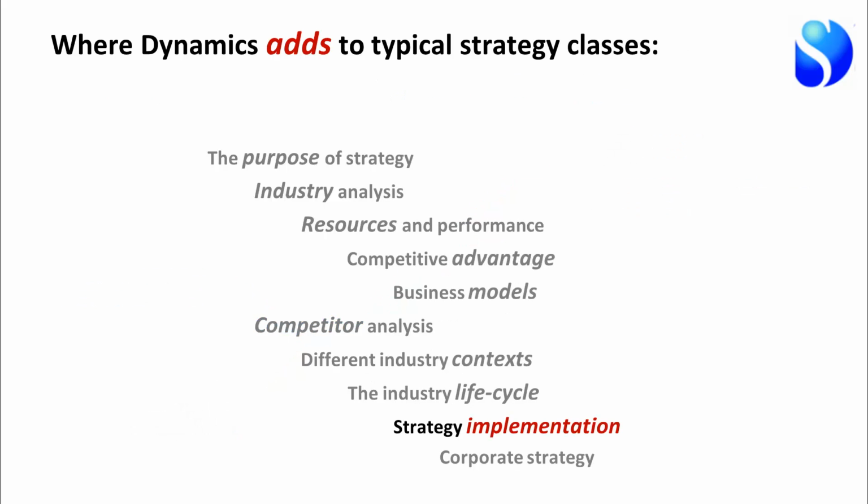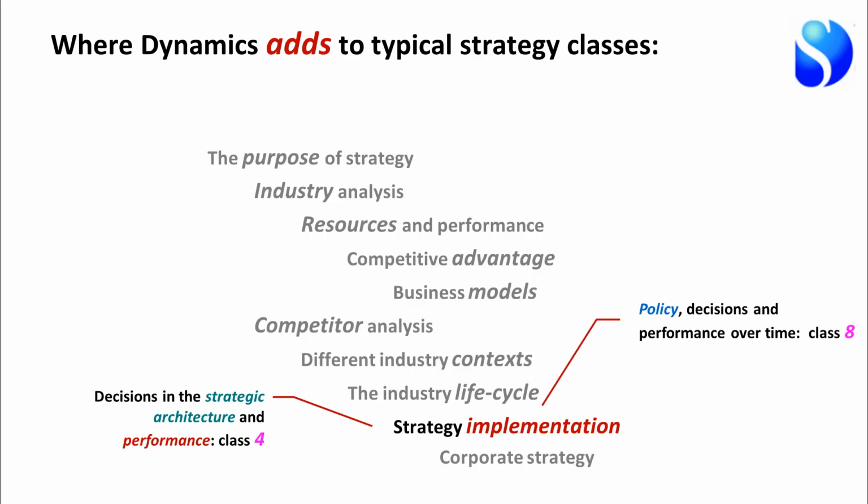Finally, this is a really big contribution that Strategy Dynamics has to make to any strategy course, which is how actually to implement strategy and deliver performance. And we said a little bit about that in the first of these brief videos for strategy teachers. And the real focus of that comes out when we talk about where the decisions fit in the strategic architecture and what that does to performance in class 4.